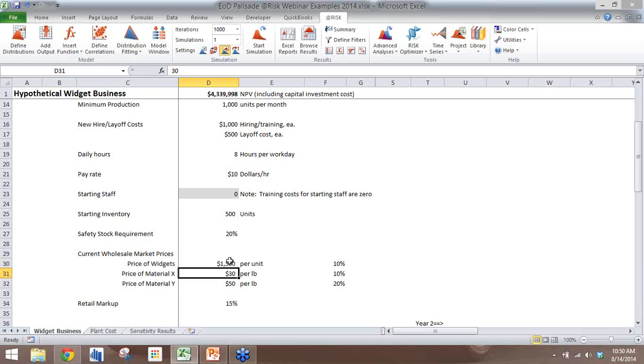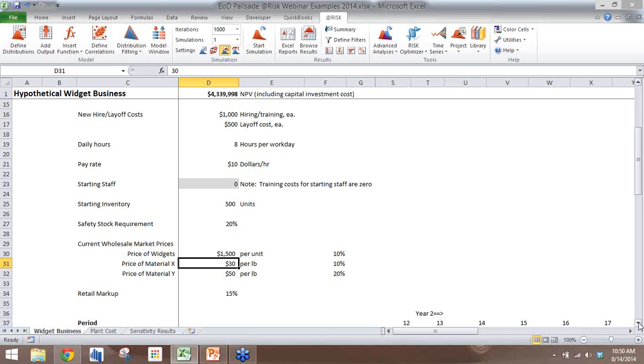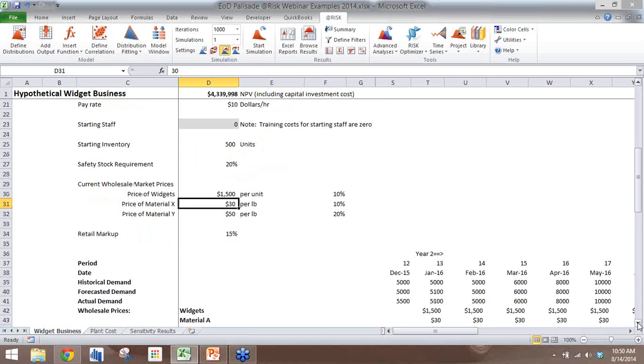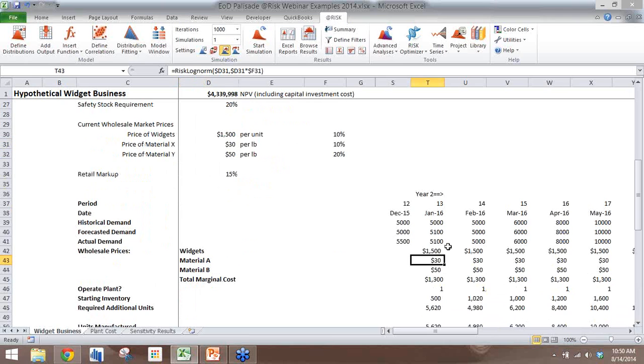But the question becomes, well, if I really believe the results of the Monte Carlo analysis, shouldn't I be really looking at the sensitivity of the mean of my net present value distribution given those changes in my inputs? And this is where this comes into play, where I've linked my price inputs down here over to these cells up here. So what I'm going to do now is change this to the $1,600 value. You can see that carries through here.